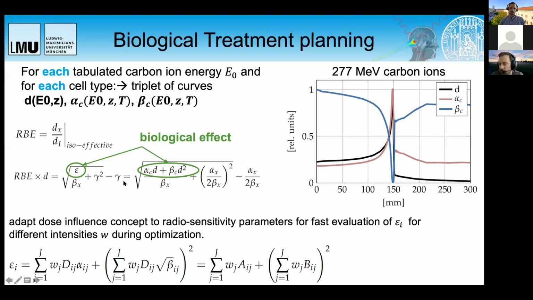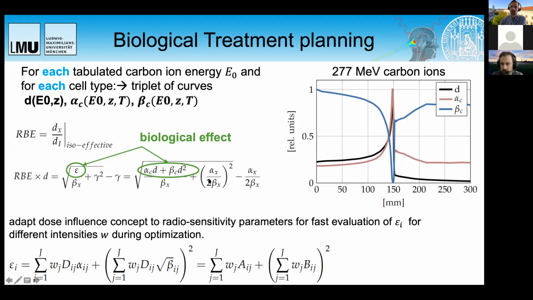Exactly. And so we have the biological effect optimization implemented, but also the RBE weighted dose optimization implemented. And in the very end, these are very similar things, because if you look at this equation, the biological effect is what's being marked here in green. And there is only, you take the square root, and before you apply these constants, the addition of some photon reference parameters, and this is a computationally cheap operation.